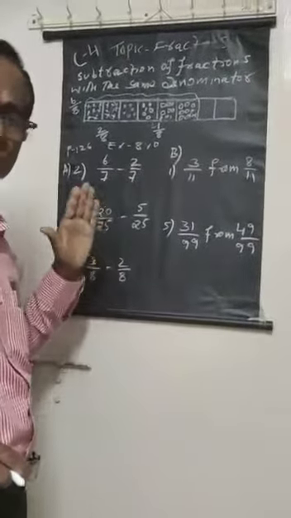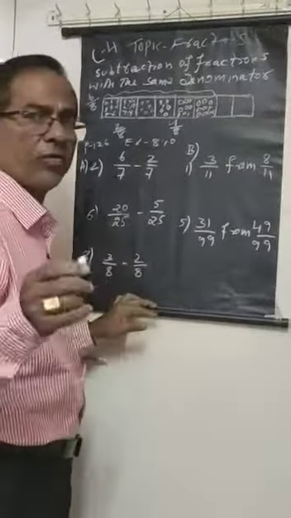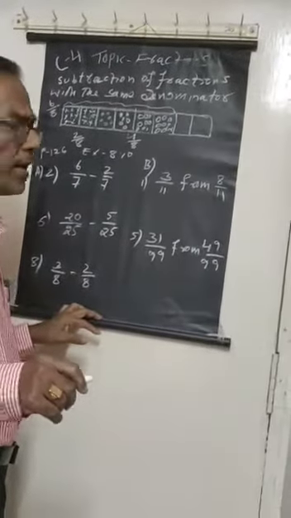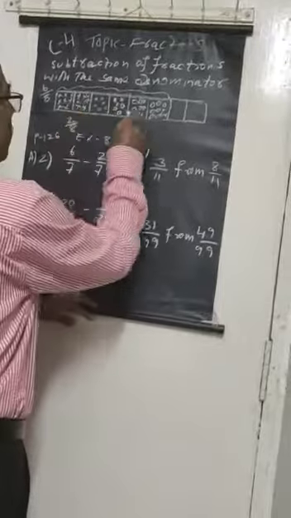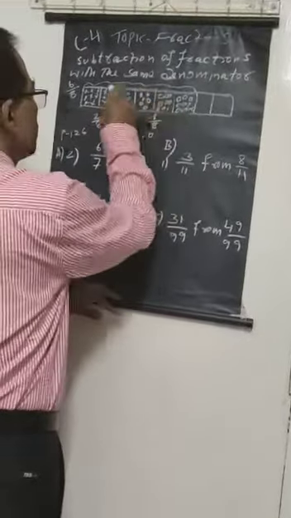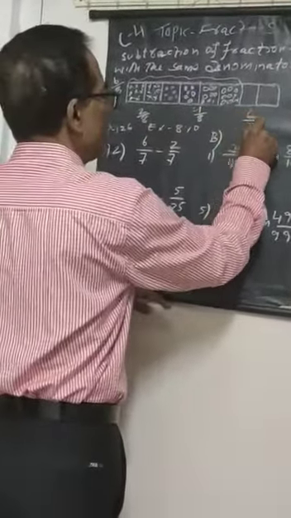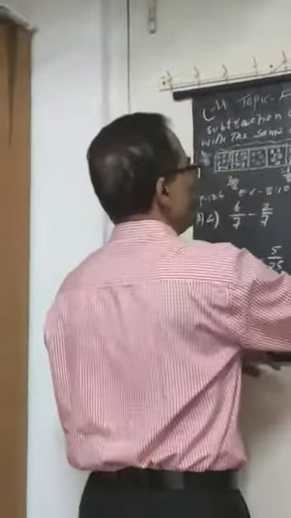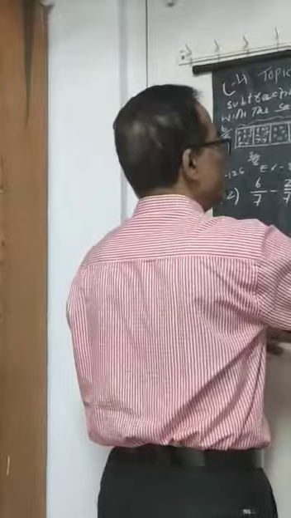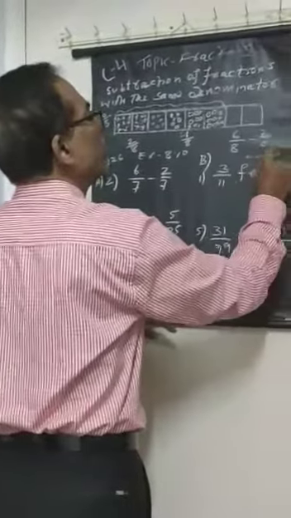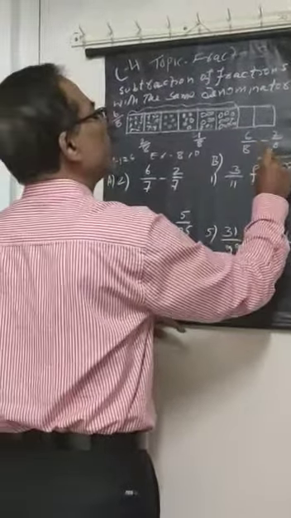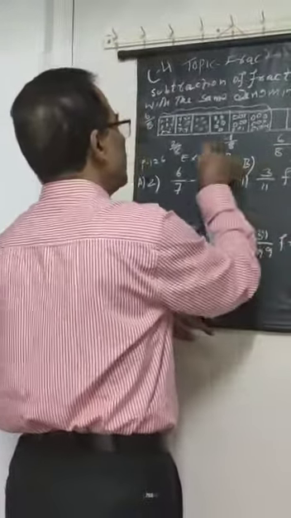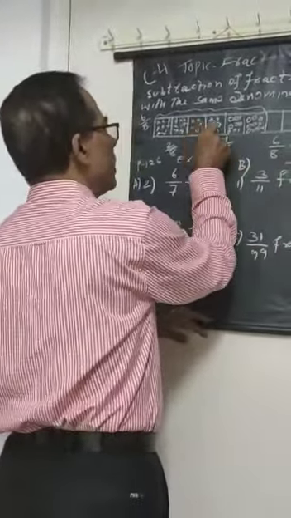Think that this is a Cadbury bar that your brother ate. So out of 6 by 8, if I am removing these 2, minus 2 by 8, then you write here 8, and 6 minus 2 is 4 by 8. How many is left? 4 is left. 1 2 3 4.